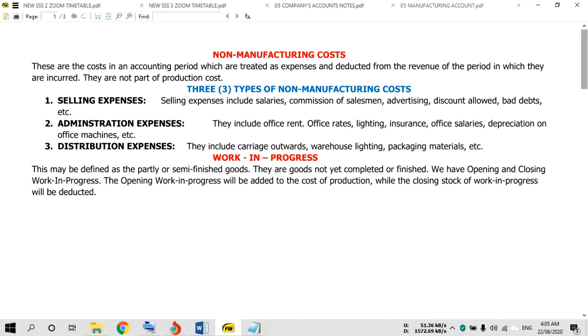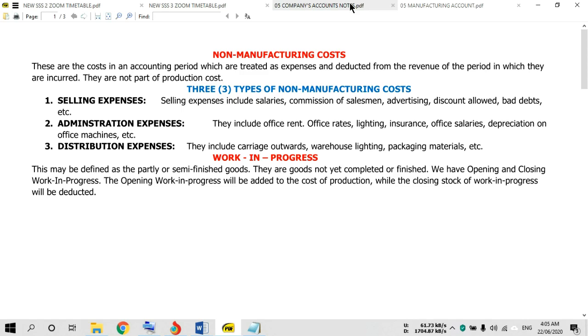Before we proceed, you should know that there are three inventories in manufacturing accounts: the stock of raw materials, stock of finished goods, and the stock of work in progress.